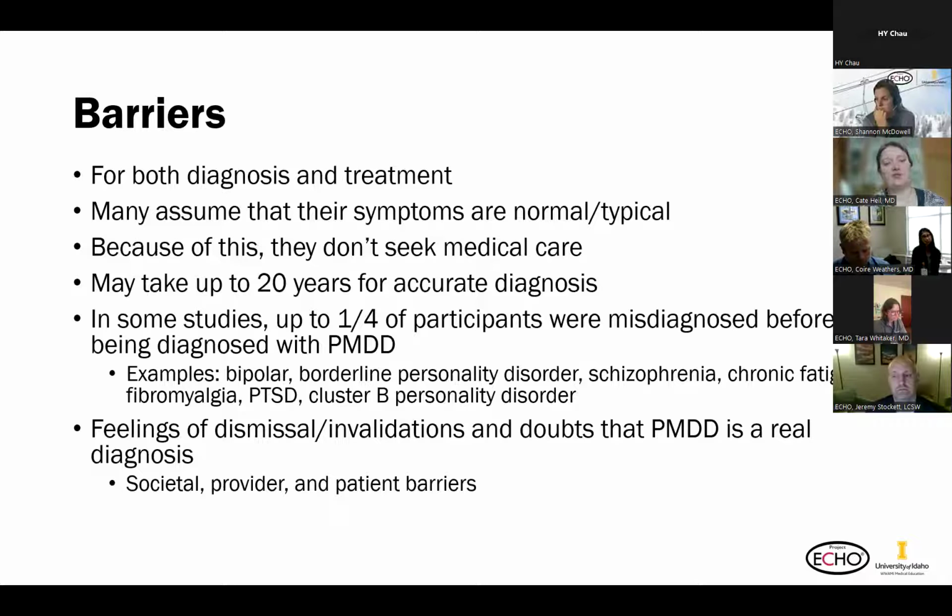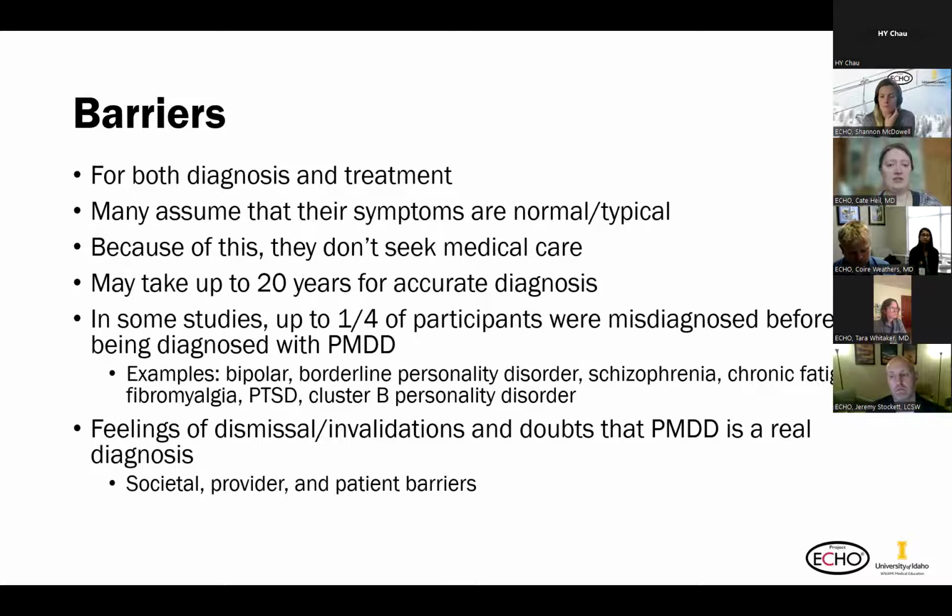So in general, when we're thinking about diagnosis and treatment of PMDD, there are some different barriers. A lot of people who menstruate may assume that their symptoms are normal or typical, like this is what always happens or should always happen during a menstrual cycle. And so because of that, they don't feel it's necessary to seek medical care.